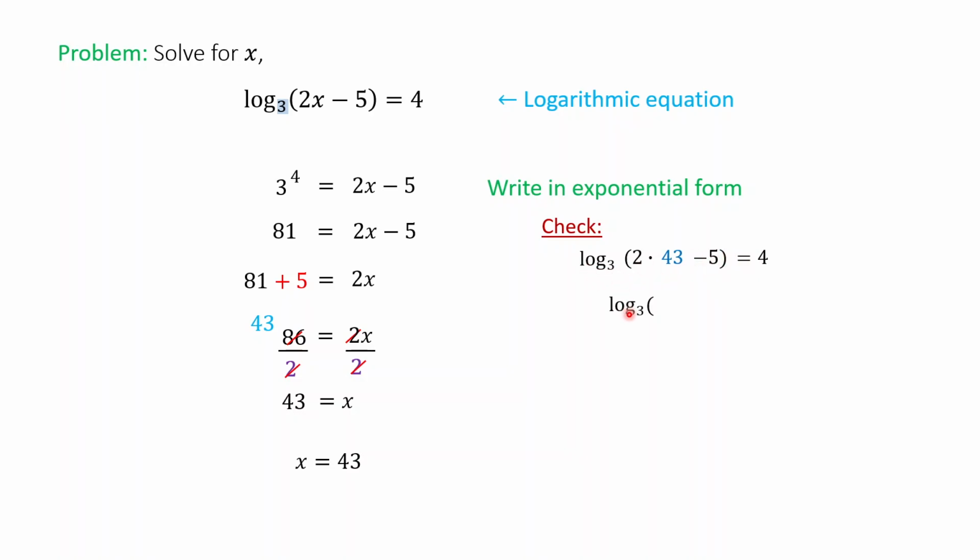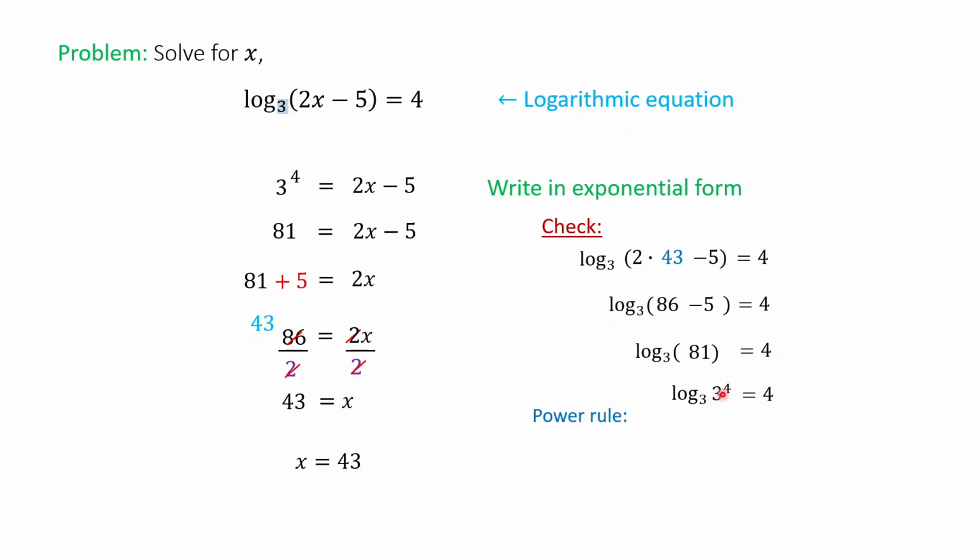Log base 3, 2 times 43, 86 minus 5 is equal to 4. Log base 3, 86 minus 5, 81 is equal to 4. Log base 3. Now you need to write this as a power of 3. 81 is 3 to the 4th is equal to 4.